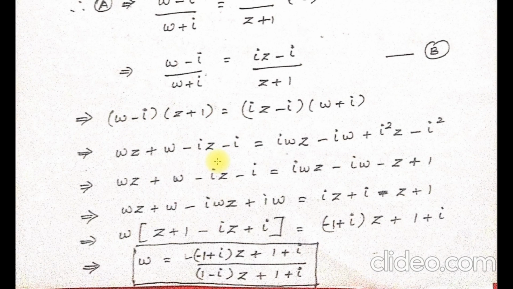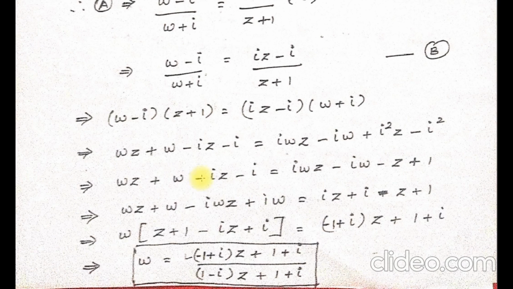Our aim is to find the value of w, so I am bringing all the w terms to one side. From this step to this step, the steps are very simple. I am just putting i square equal to minus 1, so minus i square will be plus 1. I am bringing out all the w terms, that is wz plus w, and iwz I keep here, and minus iw becomes plus iw, and the remaining terms go to the other side.